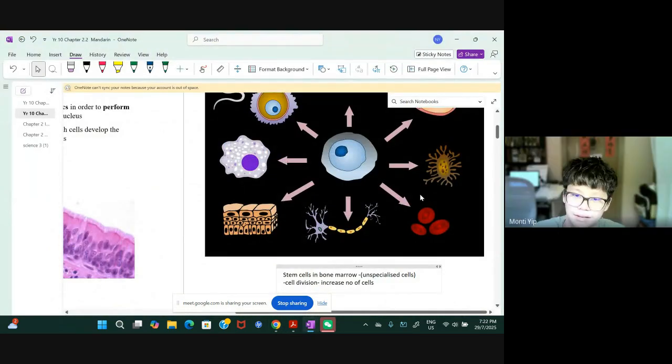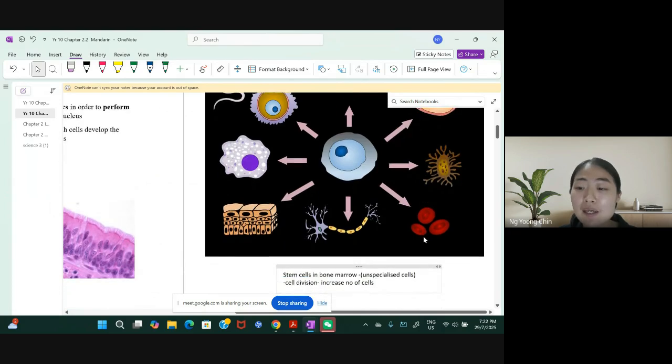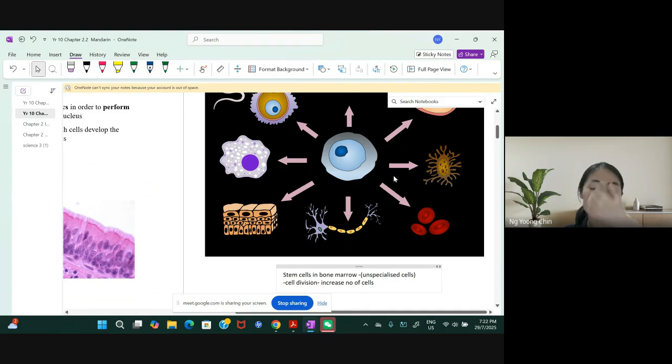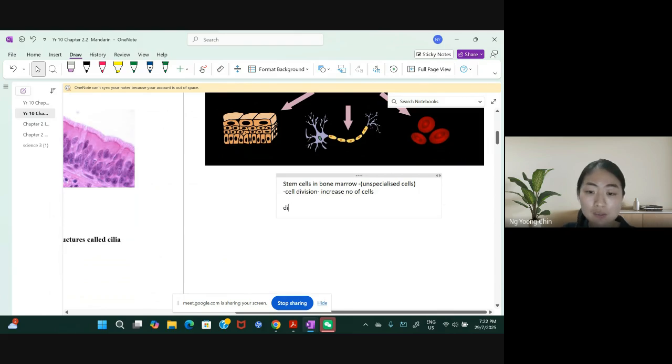Our red blood cells, white blood cells, even sperms, ovums and muscles are all originated from the stem cells inside the bone marrow. After the stem cells are produced, they undergo what we call differentiation, so they become specialized cells.